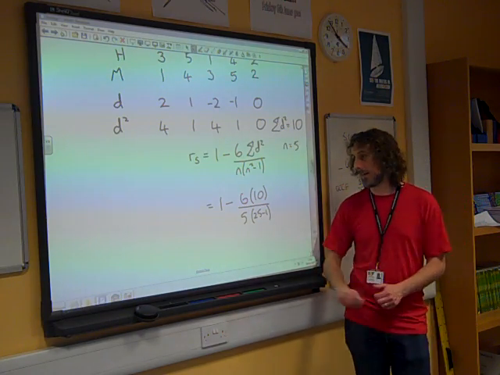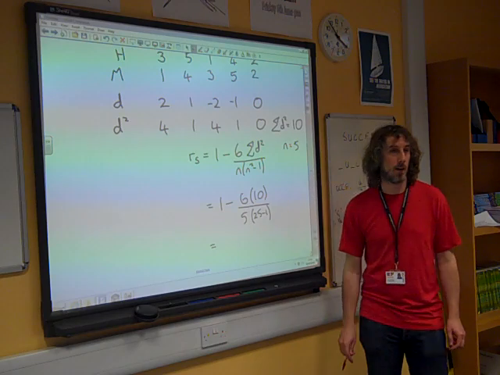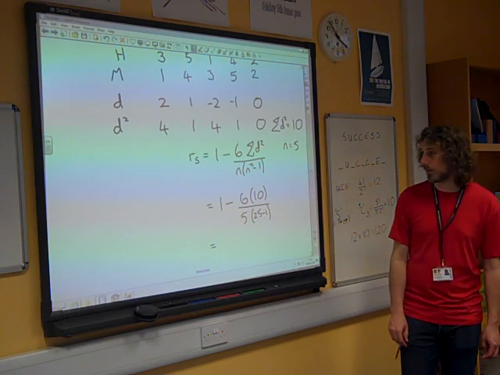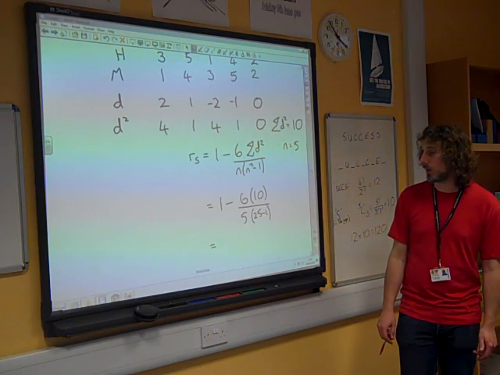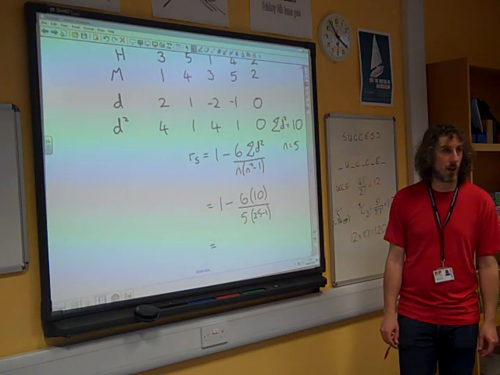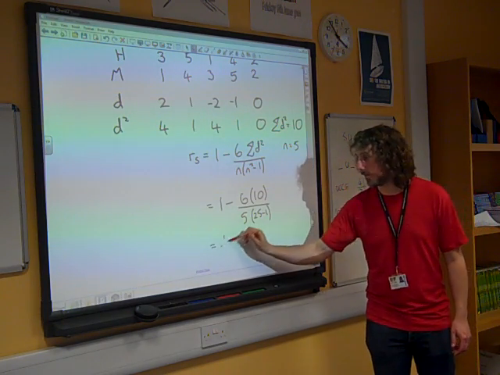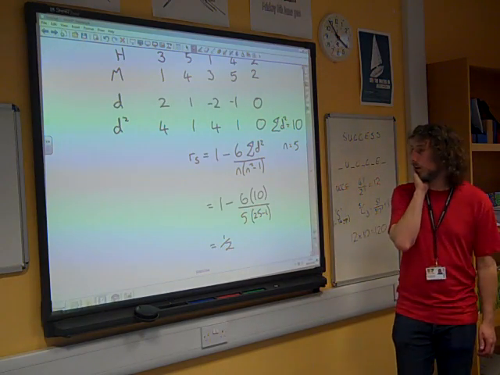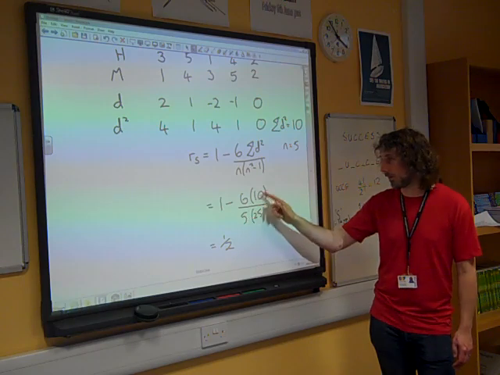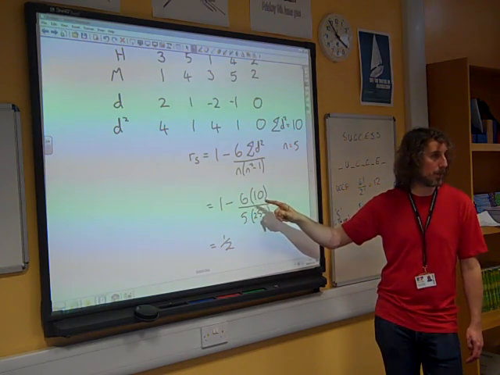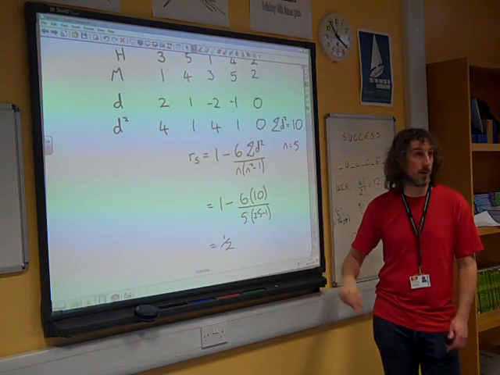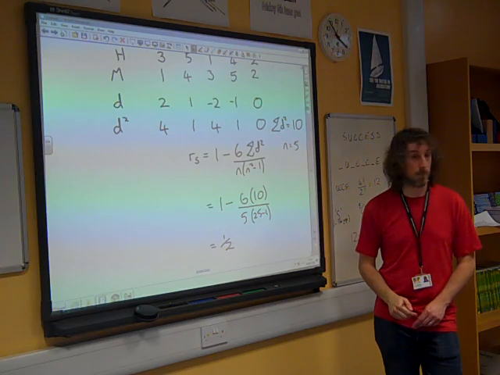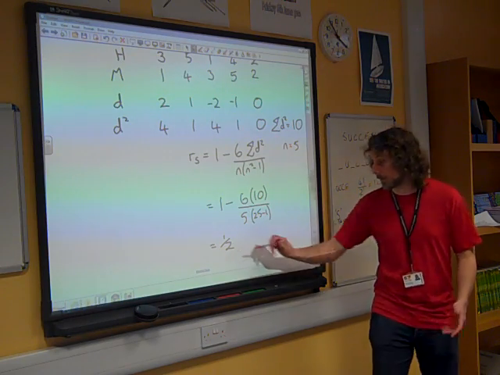And actually it's a really neat calculation that we've just done here, because everything comes together really nicely. You end up doing 1 minus a half, which gives you a half. Your value. It all cancels down, doesn't it? Because you've got 10 over 5, which is 2, so 6 times 2 is 12 on the top, over 24 on the bottom. So 1 minus a half. There we go, that's it.